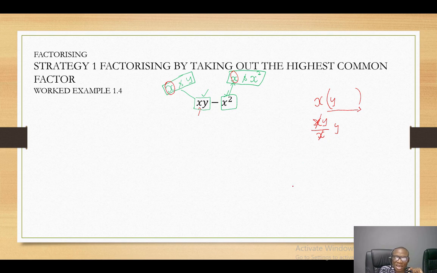You go to the second term, which was negative x squared. You do the same. You divide it by the highest common factor. What is the highest common factor? It is x. So what is negative x squared divided by x? It is negative x.